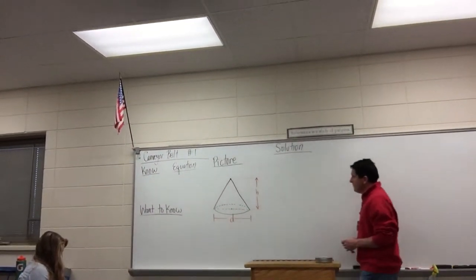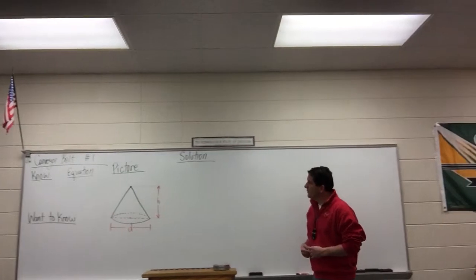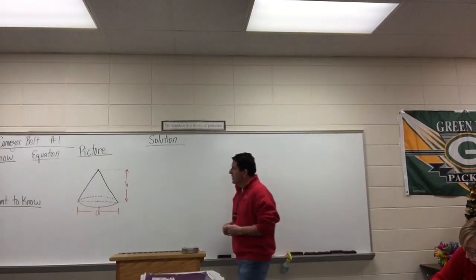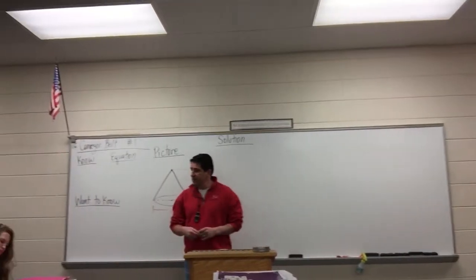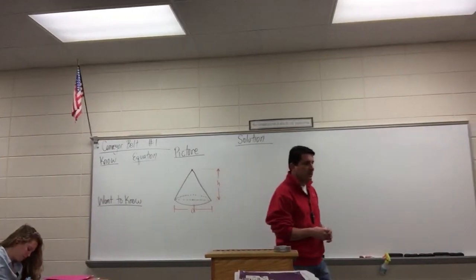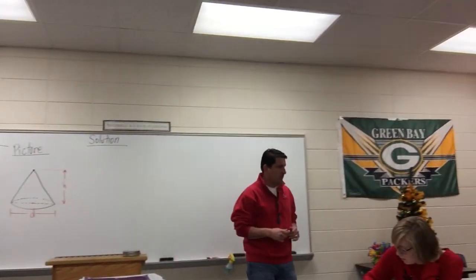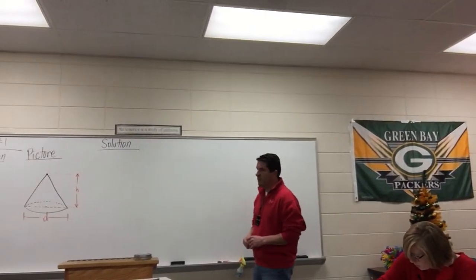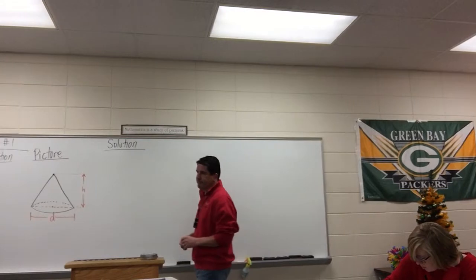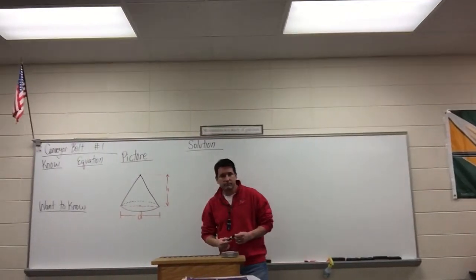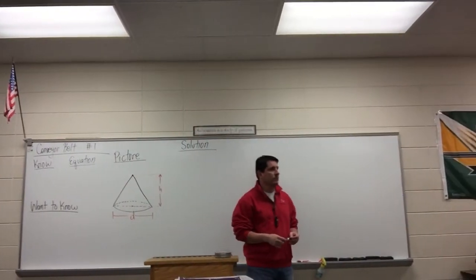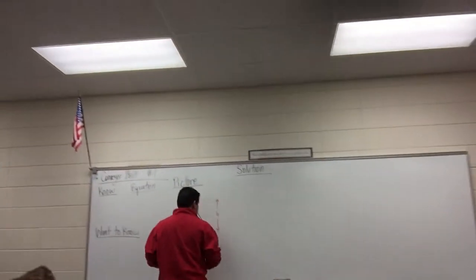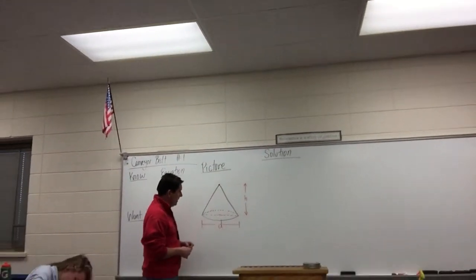And I've got myself a picture here, plus there's other things that we're going to have to figure out. So, what can you bring me for this? What can you tell me? Any part of this that you know? Yes. Altitude equals 3d.